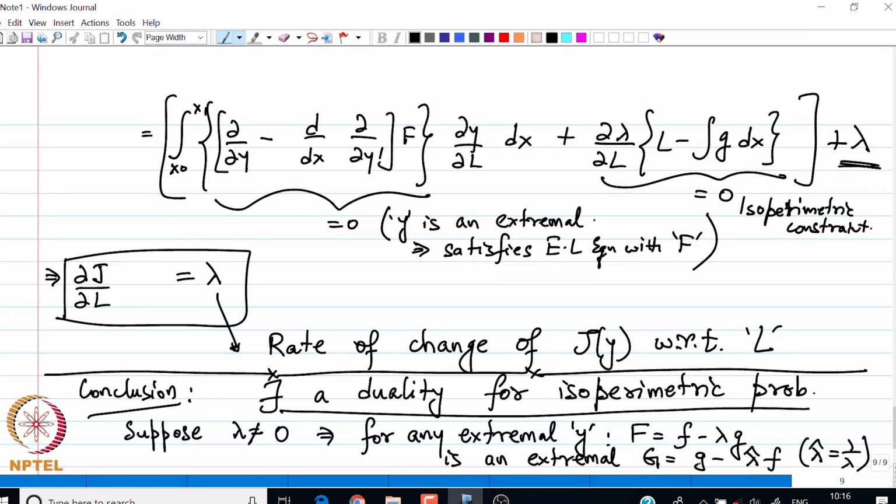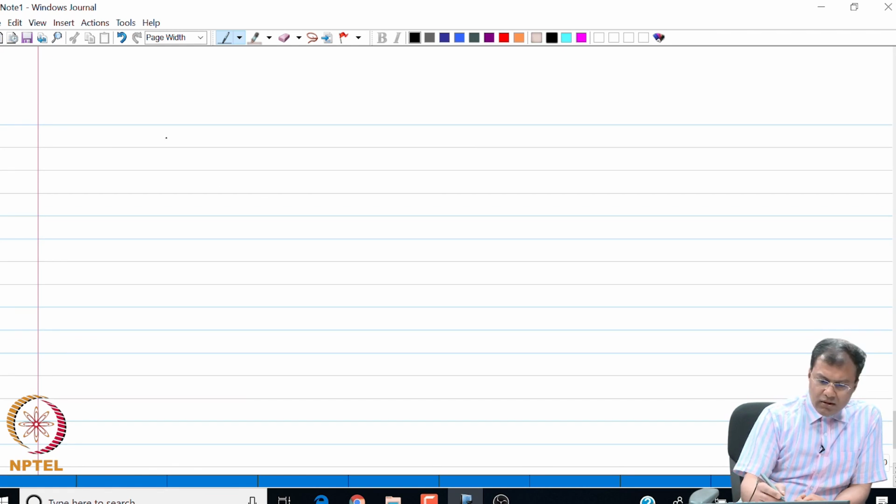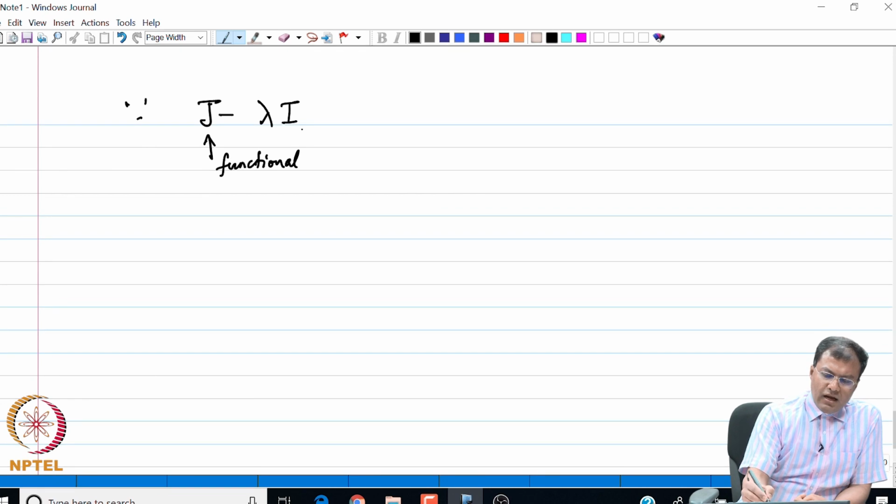Now, how is this possible? It is quite simple to see, because note that J minus lambda of I is my functional, and this is my isoperimetric constraint.